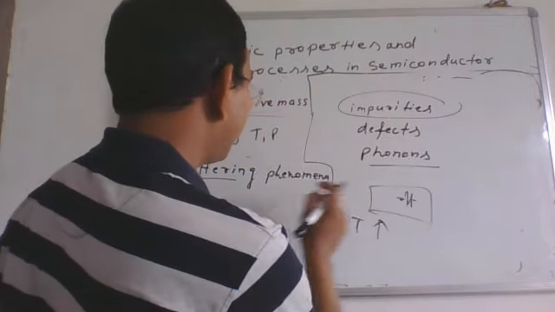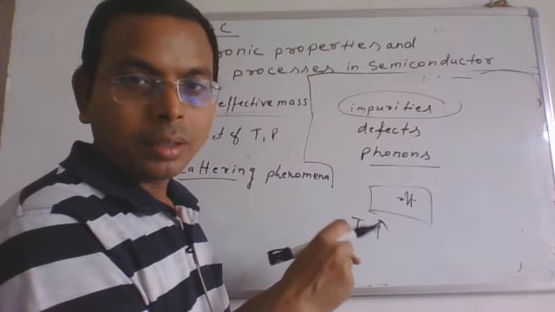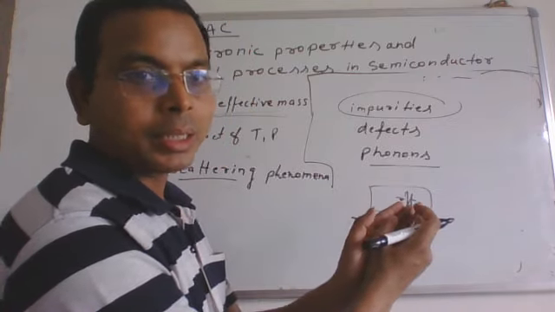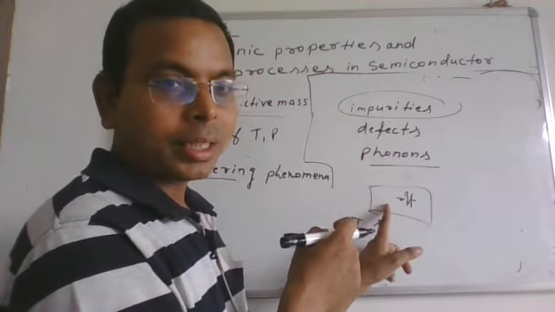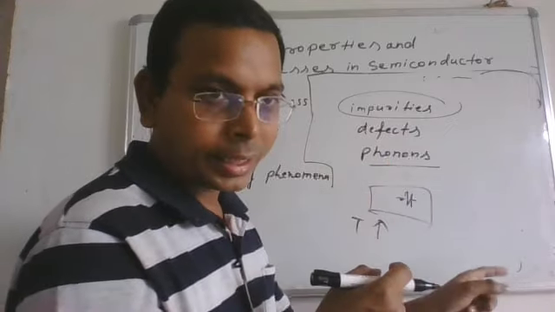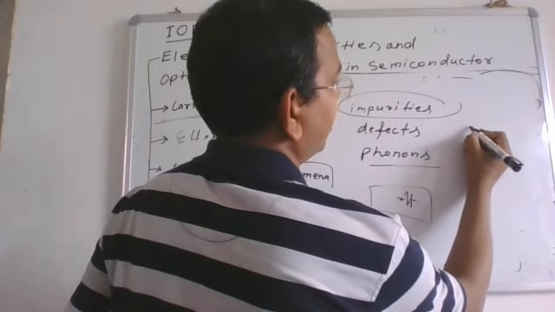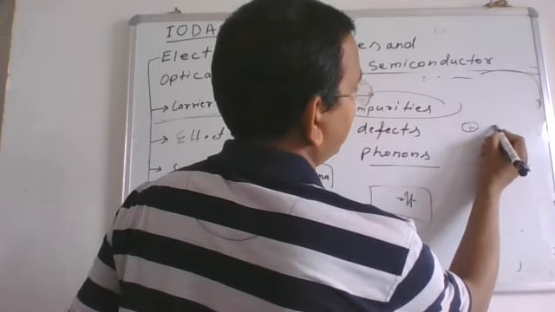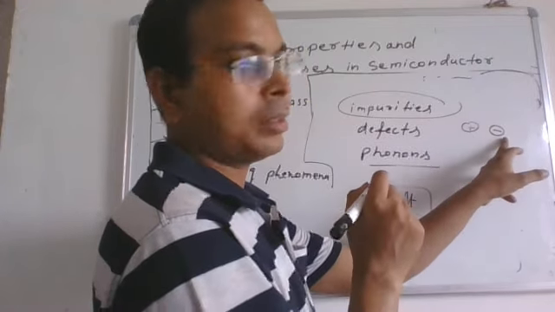Phonons also absorb the energy of electrons, and when an electron moves with some energy, it transfers its energy to lattice vibration in the form of phonons, and that is called phonon scattering. And when there are impurity ions, plus or minus, for n type there is a positive ion, and for p type there is a negative ion.